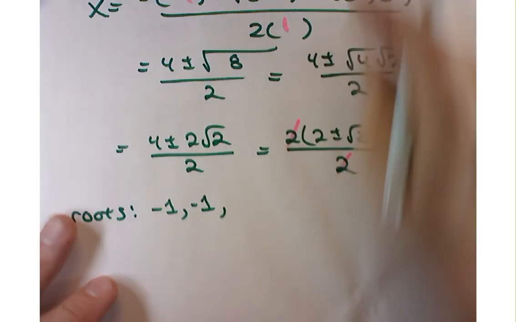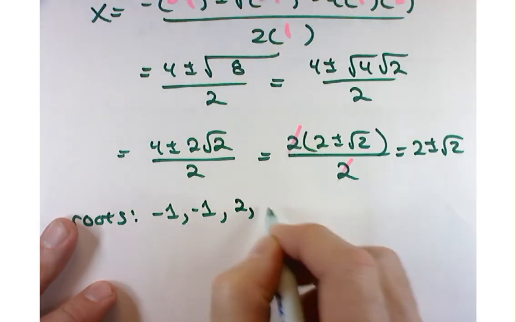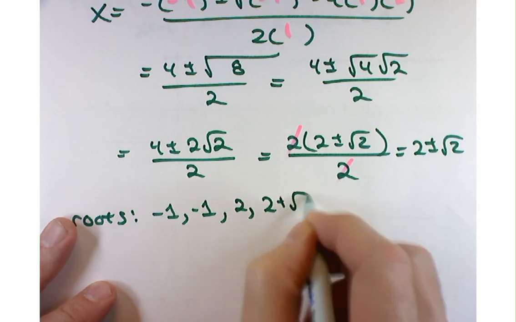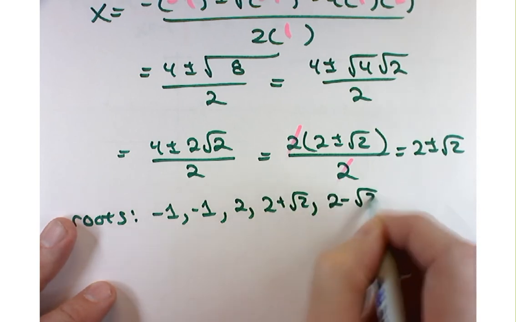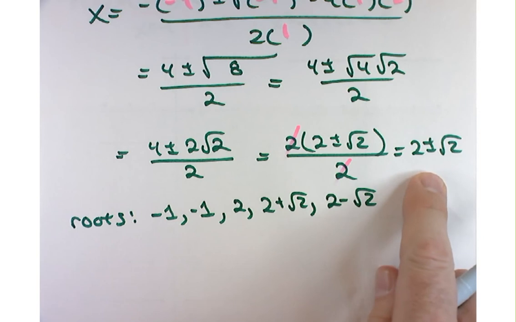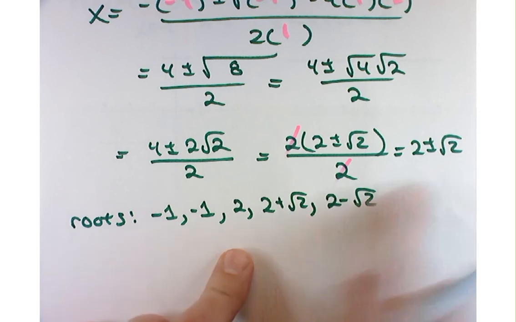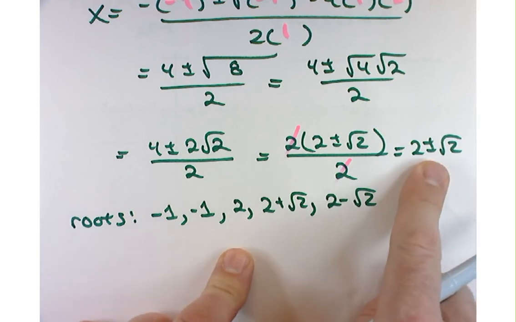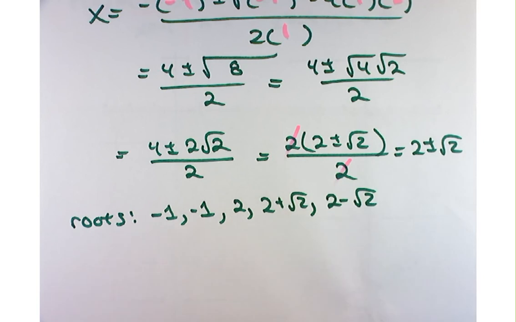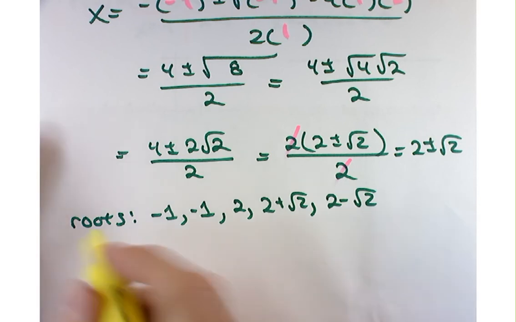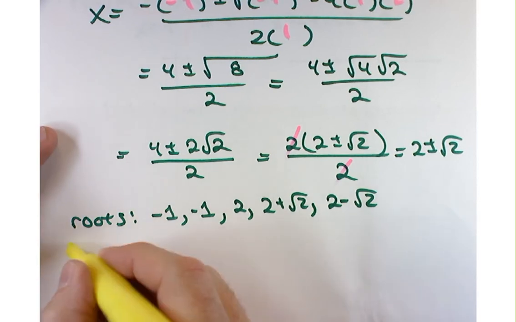And then there was a root at 2 plus the square root of 2, and 2 minus the square root of 2. Now, for me, on a test, you can get away with 2 plus or minus the square root of 2. You don't have to list them separately like that. If you want to, that's great too. But this is good. This is what I'm looking for. This is what WebAssign will be looking for.